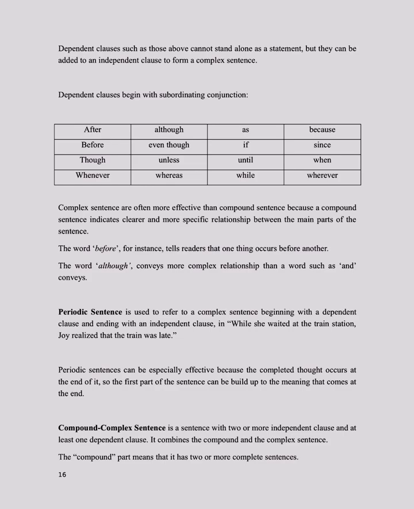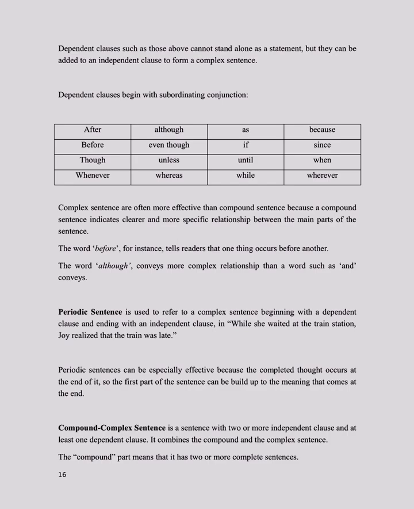Dependent clauses such as those above cannot stand alone as a statement, but they can be added to an independent clause to form a complex sentence. Dependent clauses begin with subordinating conjunctions: after, before, though, whenever, although, even though, unless, whereas, as, if, until, while, because, since, when, wherever.